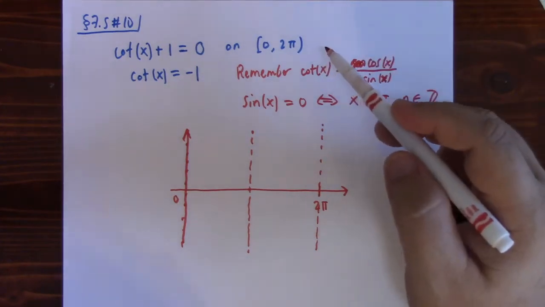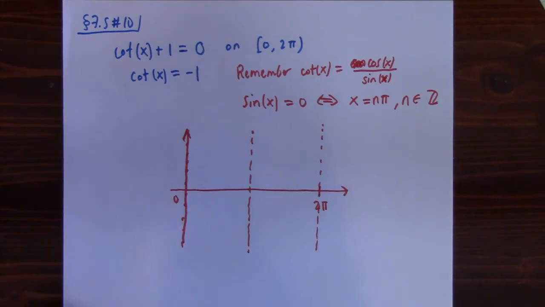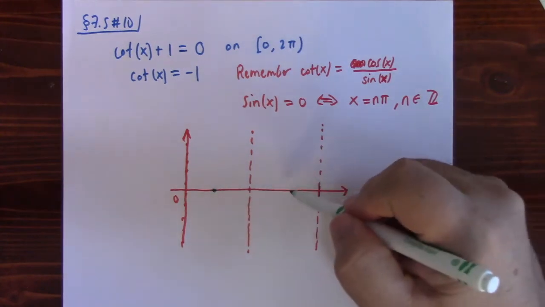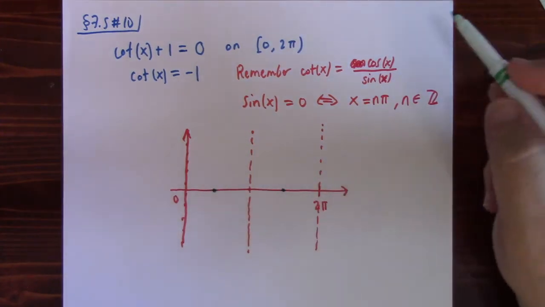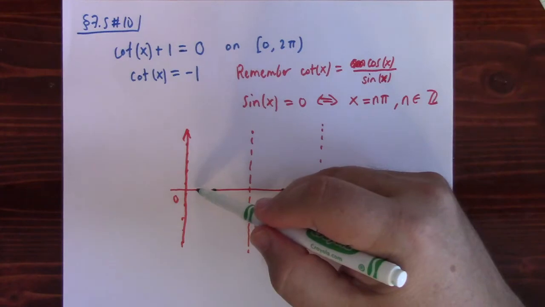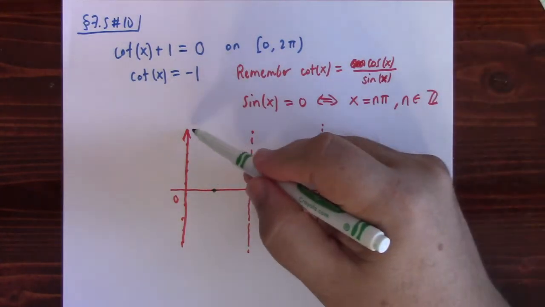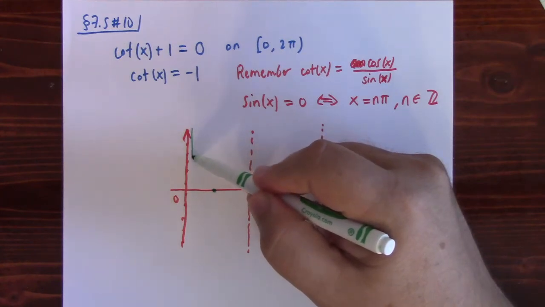Furthermore, we know that the graph goes through 0 when cosine is 0. Well, that happens at pi over 2 and at 3 pi over 2. Now, this is quadrant 1 basically, between 0 and pi over 2, so cosine and sine are both positive there. So that means it's got like a vertical asymptote like that.